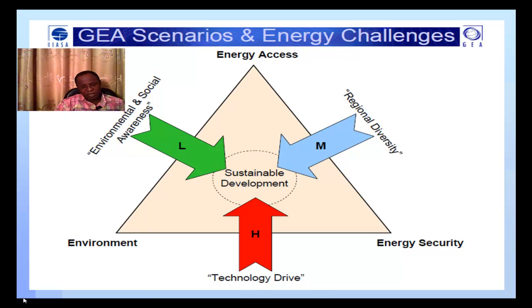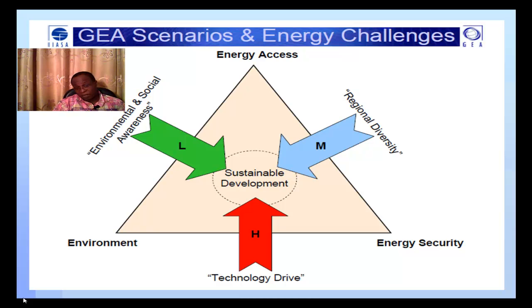And there you can see that the three key drivers that were used here were energy access, because we wanted to reflect the fact that many countries now don't have access to electricity, don't have access to clean cooking fuels and technologies. So that became an overriding concern within the Global Energy Assessment.